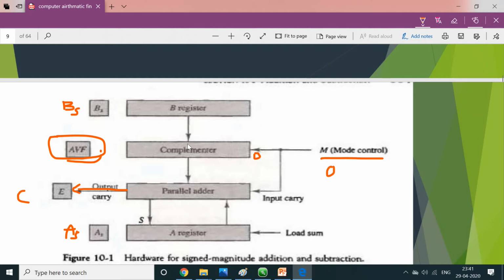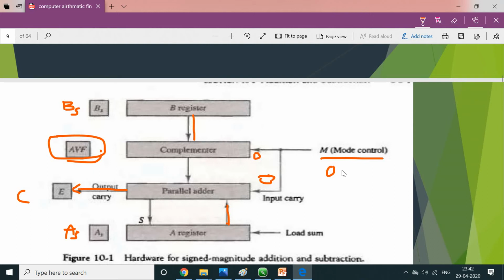Whatever information we receive is transferred the same to the next block without loss of any information. So if it is 0, we perform the addition operation with the direct B register value and the A register value. With these two register values, we calculate the addition in the parallel adder. So if it is 0, with the help of this 0 control logic, we perform the addition operation. This is the first case.